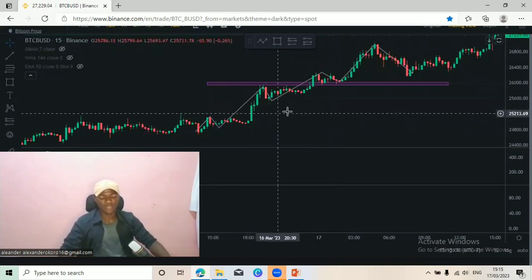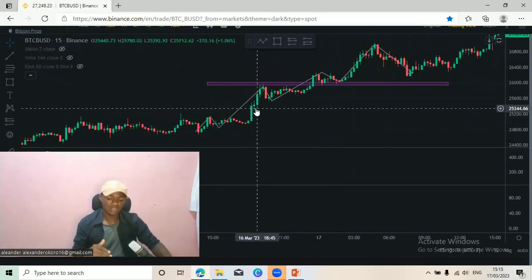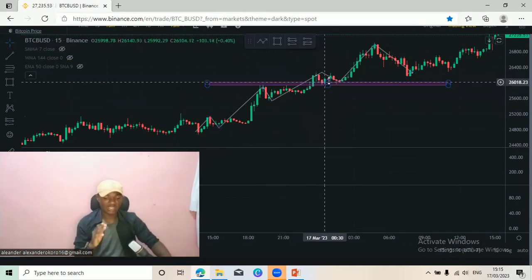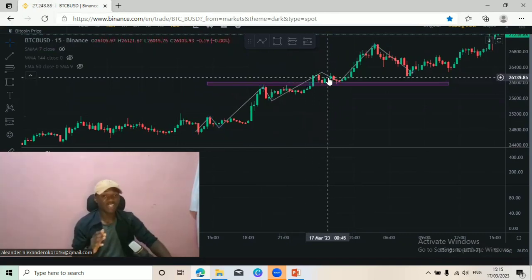Now, when the market is making this uptrend and it breaks the resistance, I advise you to allow the movement to come back and retest on that resistance before taking your entry with a buying candlestick.